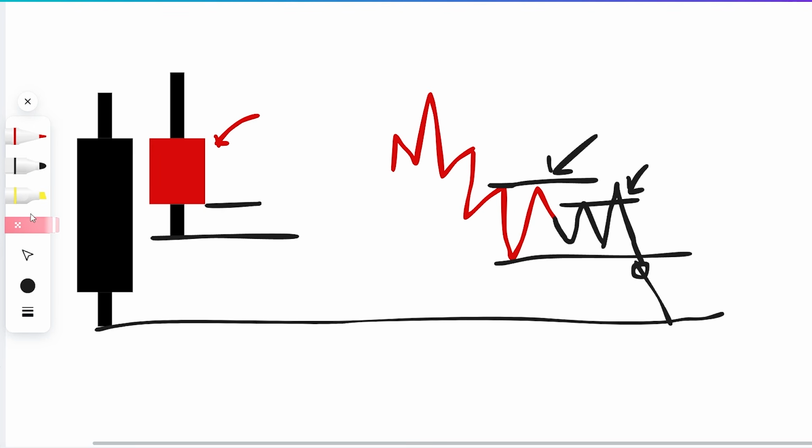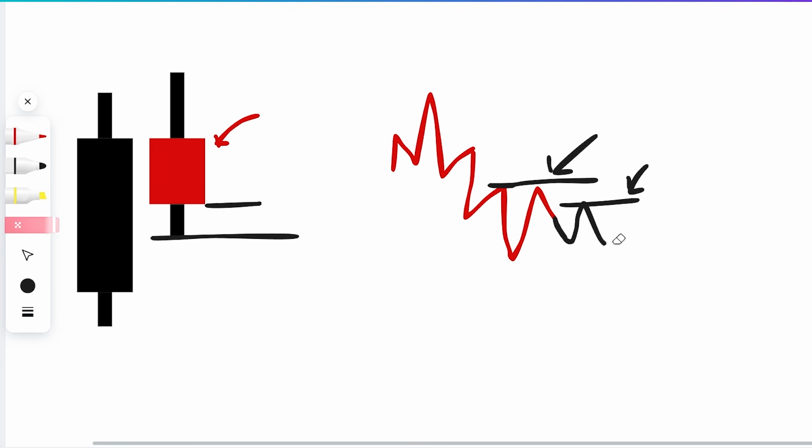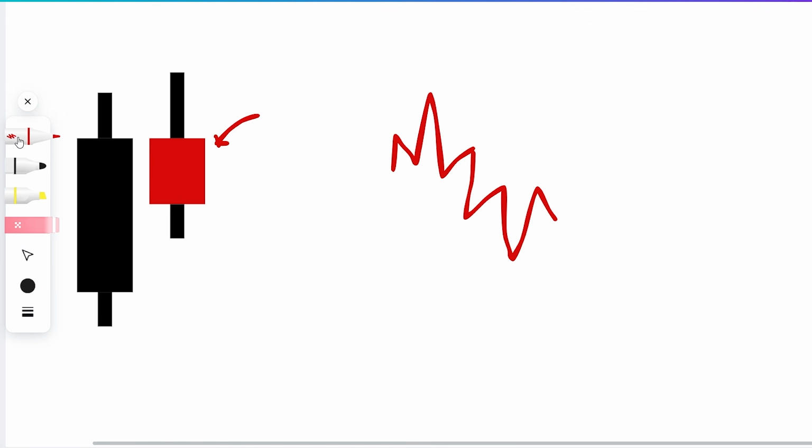So in case you're confused, let's go over this one more time. Obviously, this is your previous day, and now we're anticipating our next day with our candle open right here. So what happens? Remember, first, let's mark up our trigger point, which would be right here.